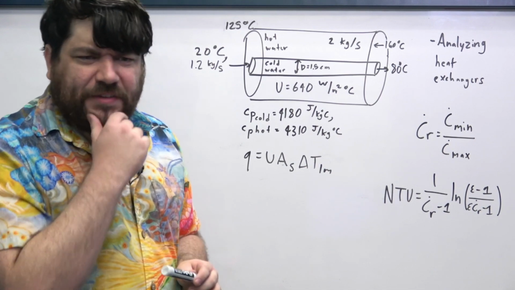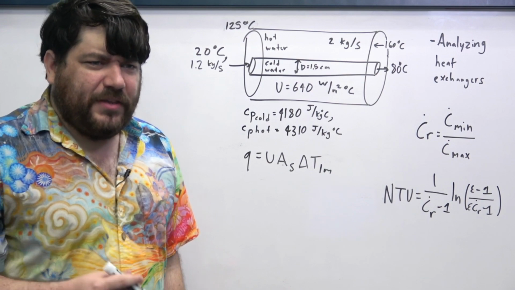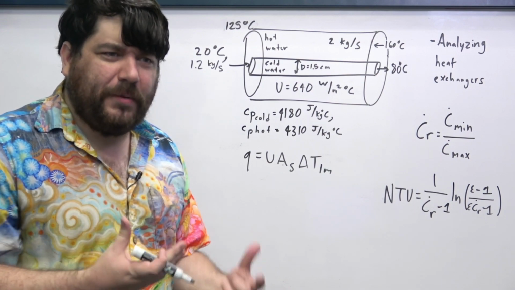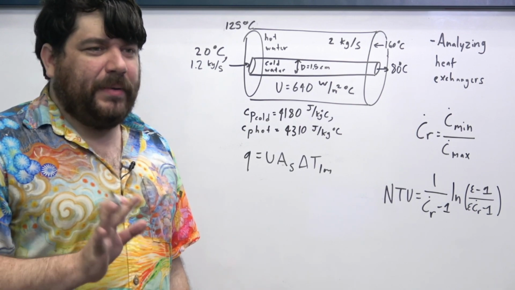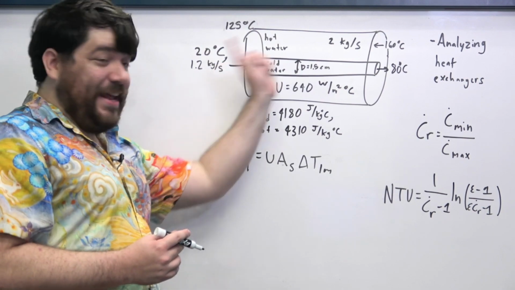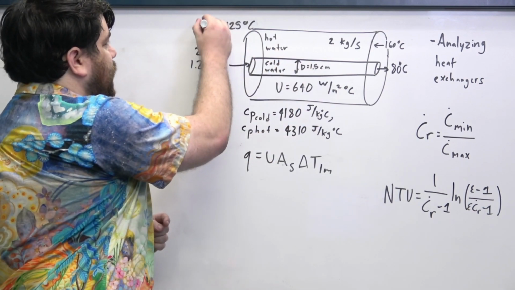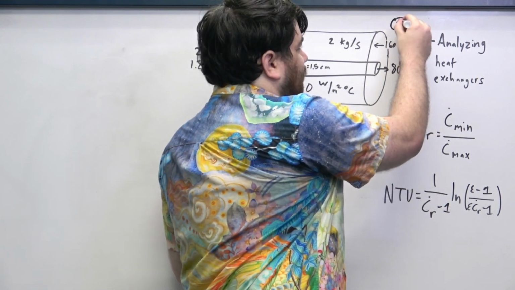So how do we calculate delta TLM? Well, we talked about this in the previous lecture, but let's just do it again, just in case. The only thing we have to worry about constructing differently from, say, the bare bones internal flow case is that we create labels for each end of the heat exchanger. We say, well, maybe this is end 1, and then maybe this is end 2.